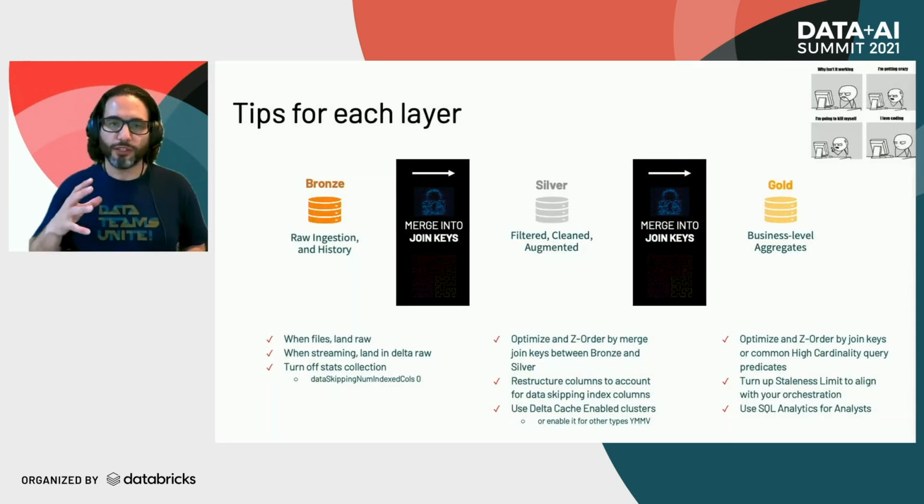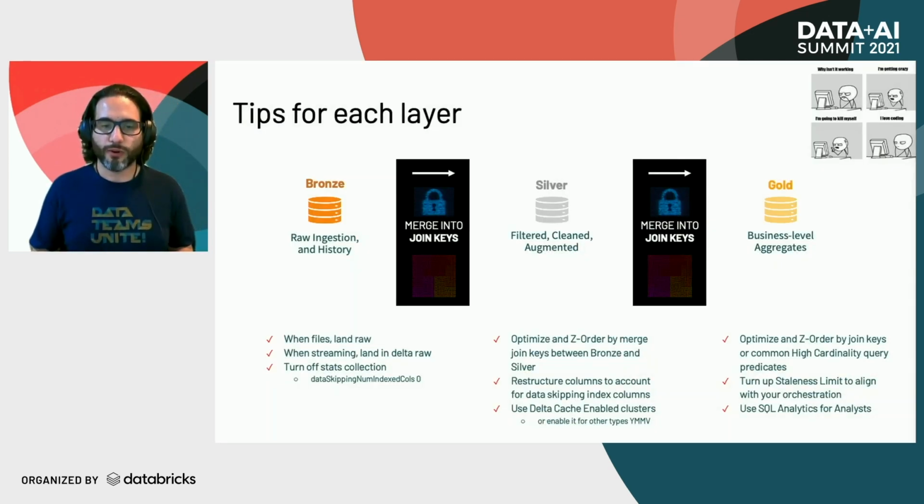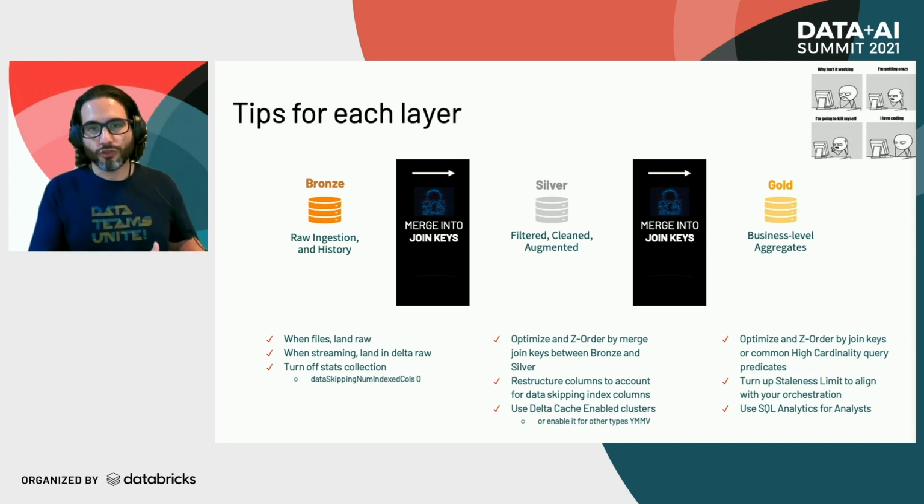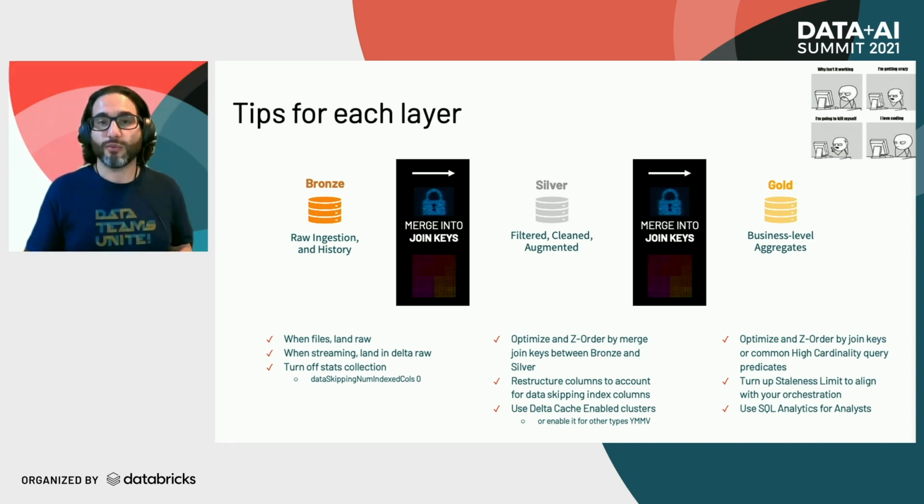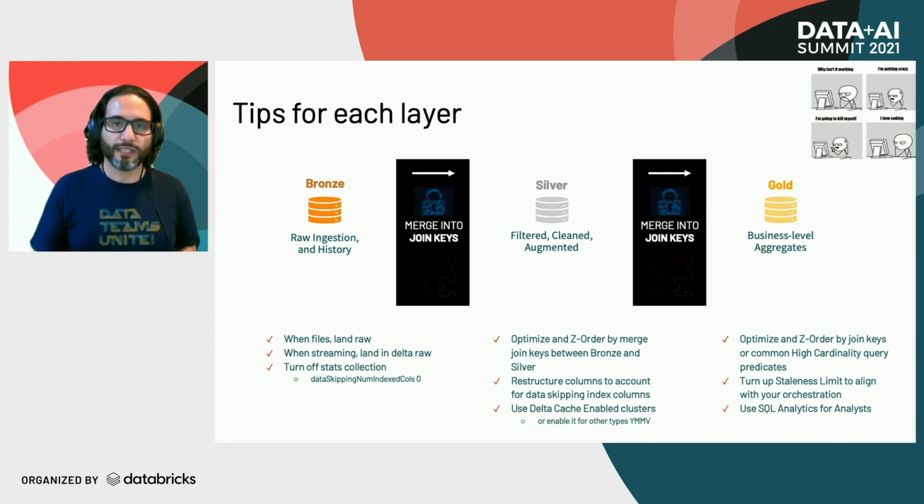So how should you be thinking about these layers and what performance tips do we have for each layer? When you're loading the data raw into your bronze layer, if you're loading files, wherever you drop those files in that directory, that's your bronze layer. That's really all you have to do. But if you're streaming, you're going to land the data in Delta raw format, and then we're going to turn off the stats collection by setting that configuration to 0.